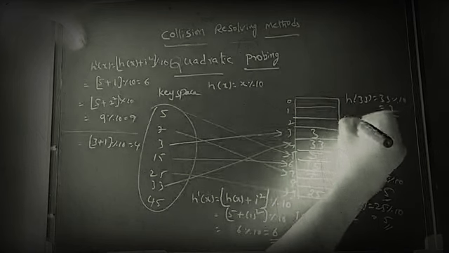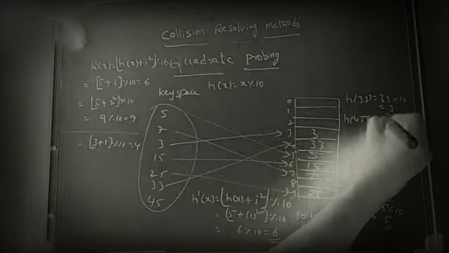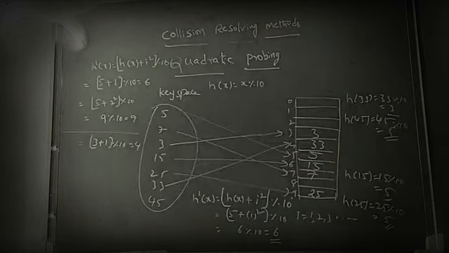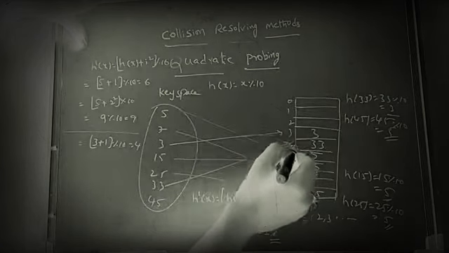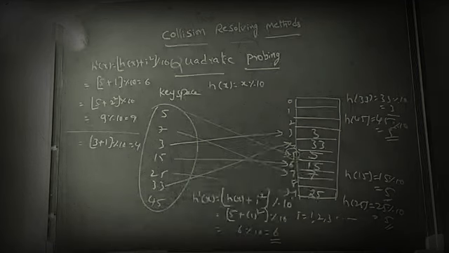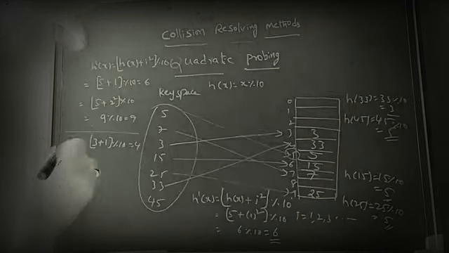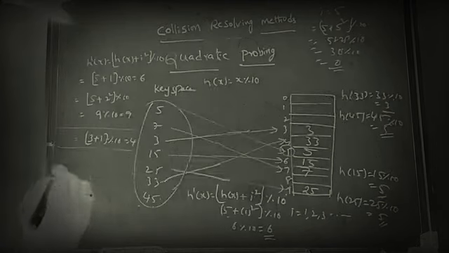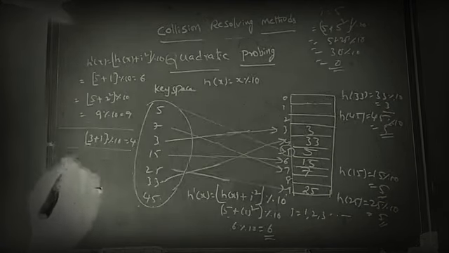So h of 45 mod 10, remainder is again 5. Again the collision arises at this position. So how to resolve the collision? Apply the next quadratic formula.